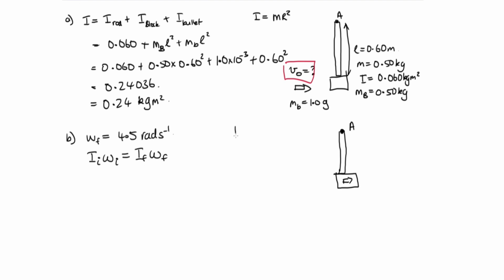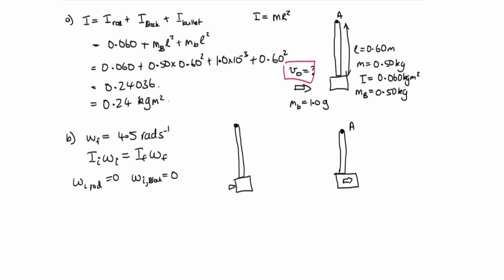Okay, so let's draw a little diagram to show the moment that we're considering. So we are considering the moment just as the bullet is about to enter the block. So the bullet is moving, but the rod and the block are stationary. So we know that omega initial of the rod is equal to 0 because it's stationary, and the initial speed of the block is equal to 0 because it's stationary.